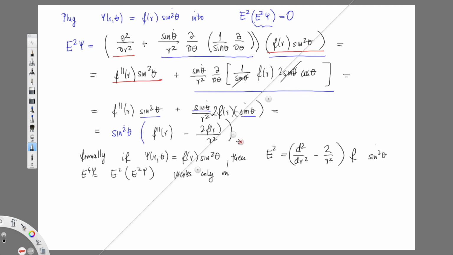We are looking for f. We guessed g. I mean, we have to search for something. We can't guess everything. It works only on f and leaves sine square theta alone, which it does because we found the correct function of theta, right? It's not an accident. We actually identified the correct dependence on theta, and that's why this happens.